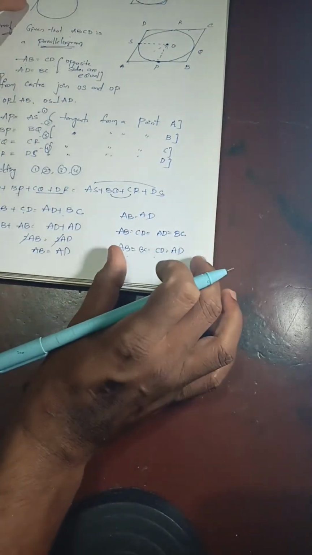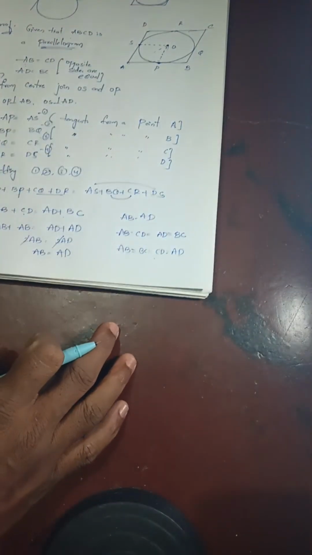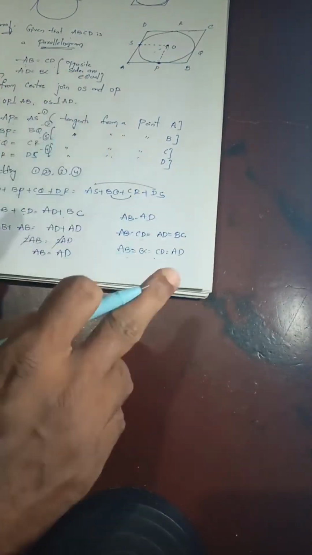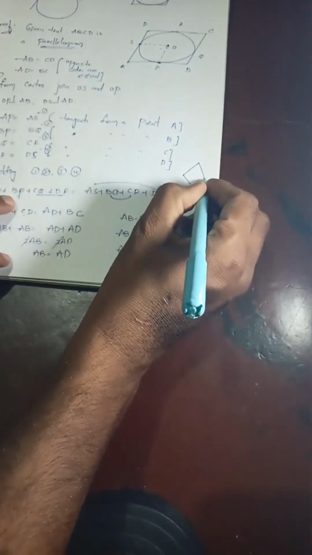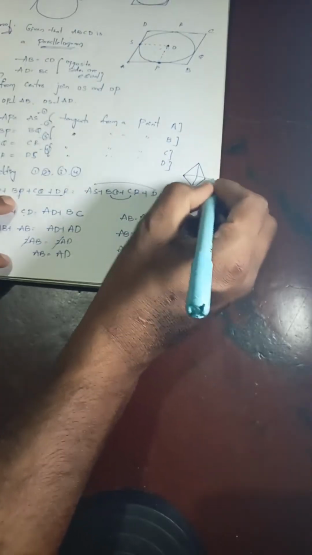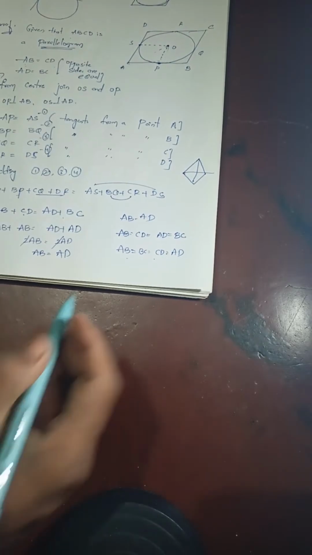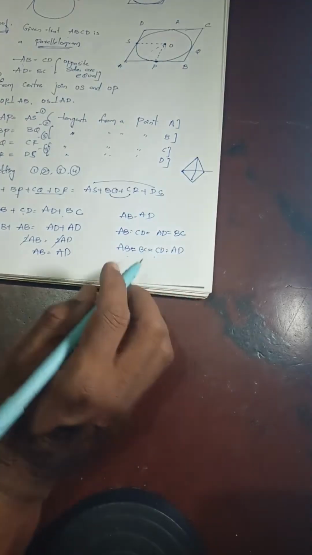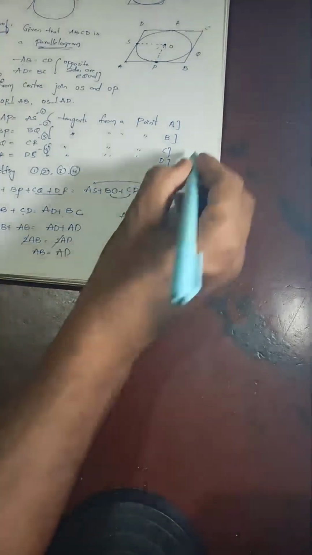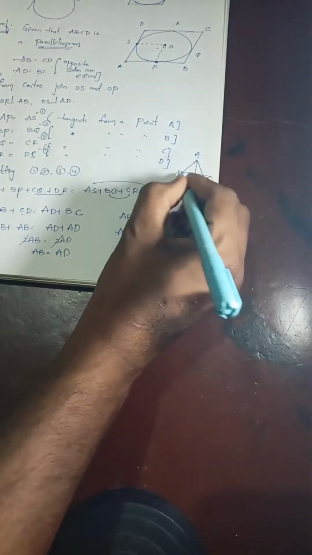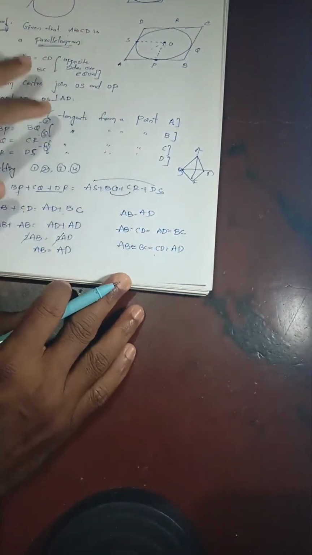In a rhombus, all the four sides are equal. So if you draw A, B, C, D with AB, BC, CD and DA all equal, it becomes a rhombus.